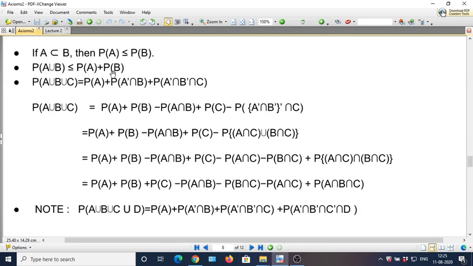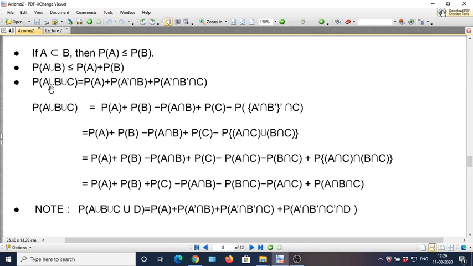Okay, then we already saw how we can generalize the formula for P of A union B to three sets, like A union B union C, or to even more sets. Now we will derive it using a slightly different line of reasoning. So that is why we carry out this exercise.